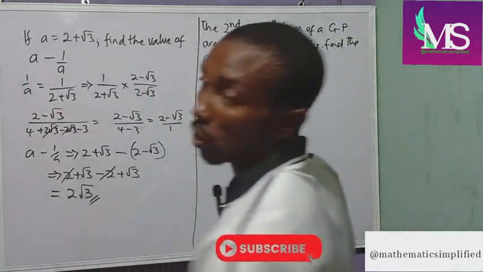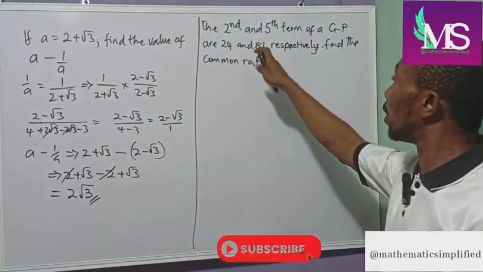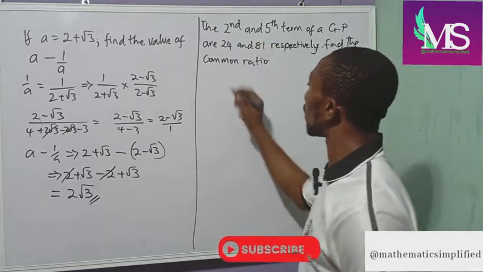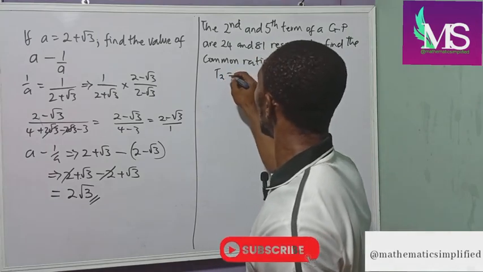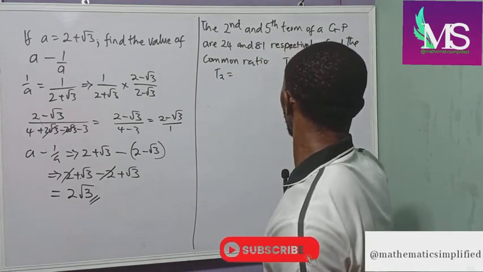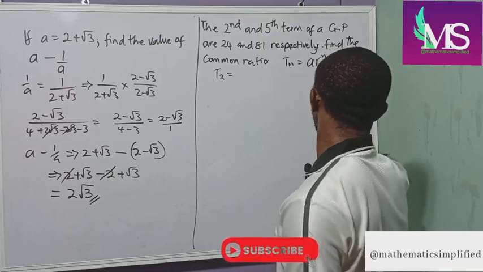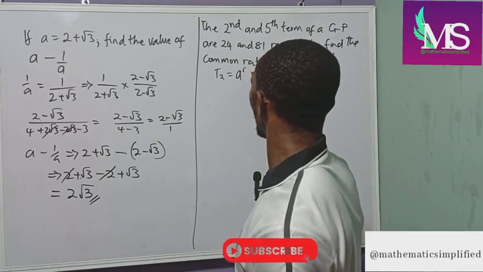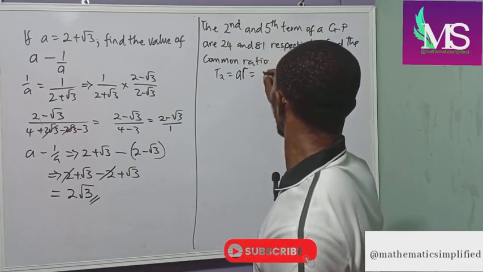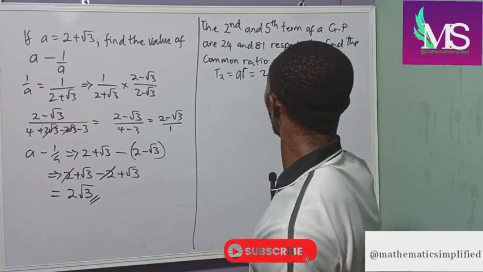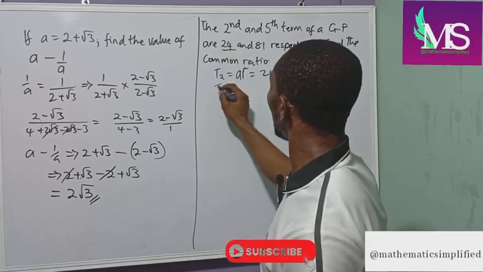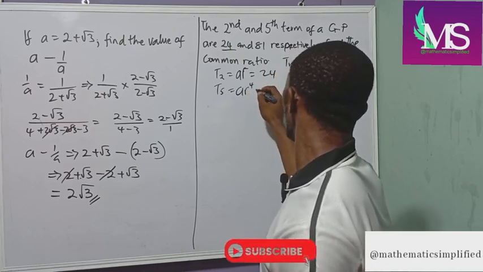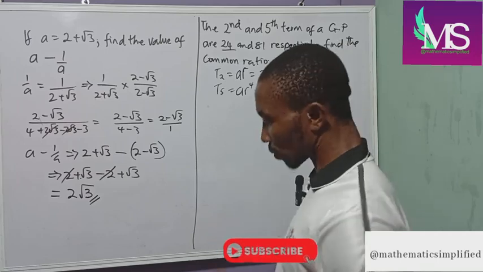Now, our next question says the second and fifth term of a GP are, so our T2 for a GP, we know that our Tn in GP equals ar raised to n minus 1. So T2 will be ar, which is 24, and our T5, which is ar raised to 5 minus 1, 4, is 81.